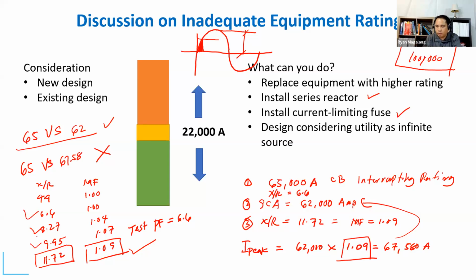Again, make sure that what you're selecting is appropriate for the application. The other option is obviously to replace the equipment with a higher rating, but then again, your client may not like that because that means higher cost. But if it's really necessary, then well, what can you do?